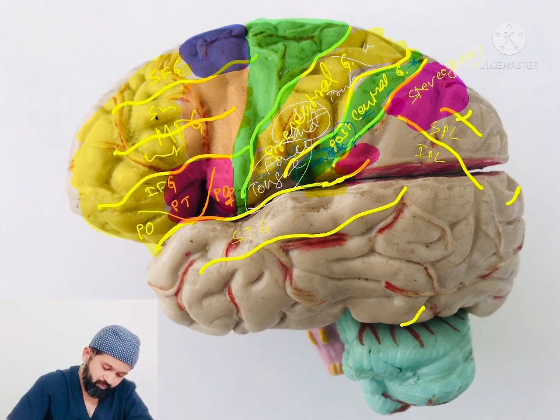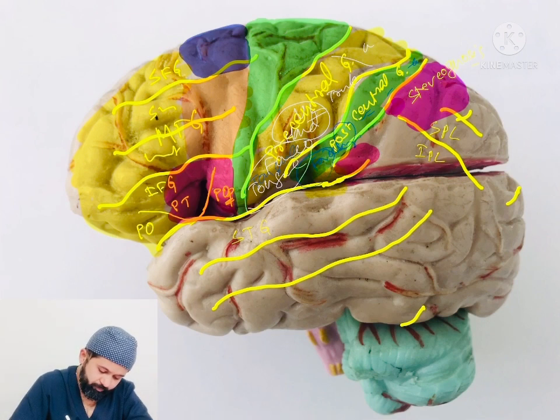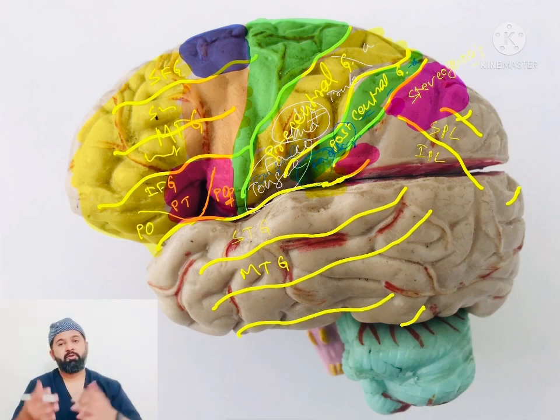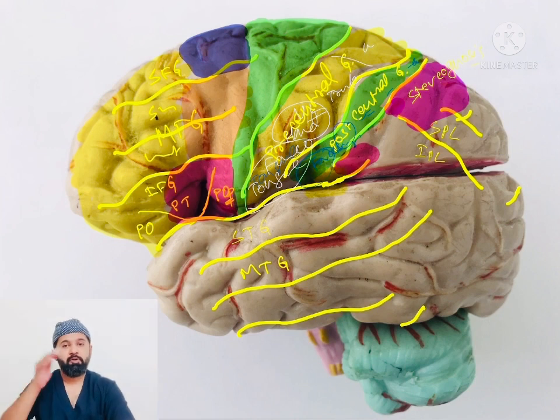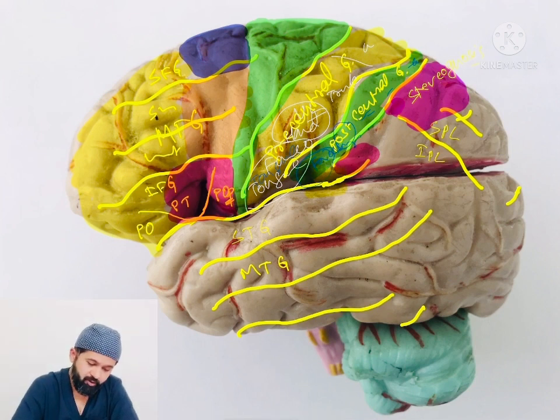Then we have a middle temporal sulcus, and the area between the superior and middle temporal sulci is the middle temporal gyrus. And we have an inferior temporal sulcus, which is mainly a feature of the basal surface, but sometimes part of it is also seen on the superolateral surface. And again we have an inferior temporal gyrus.